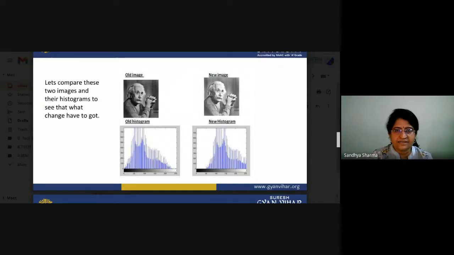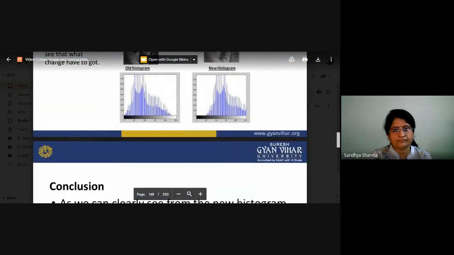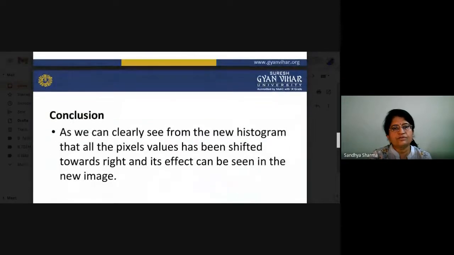This is the old histogram and this is the new histogram, which is shifted to the right, so the image is a little bit brighter. As we can clearly see from the new histogram, all the pixel values have been shifted towards the right, and its effect can be seen in the new image.